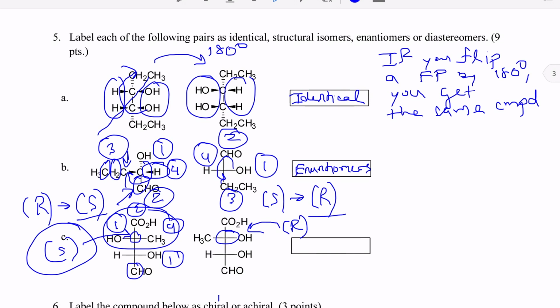So if we compare it, it's apparent that the larger group would get the next highest priority because there are 2 carbon atoms and no hydrogens. So that gives it an overall higher atomic number.